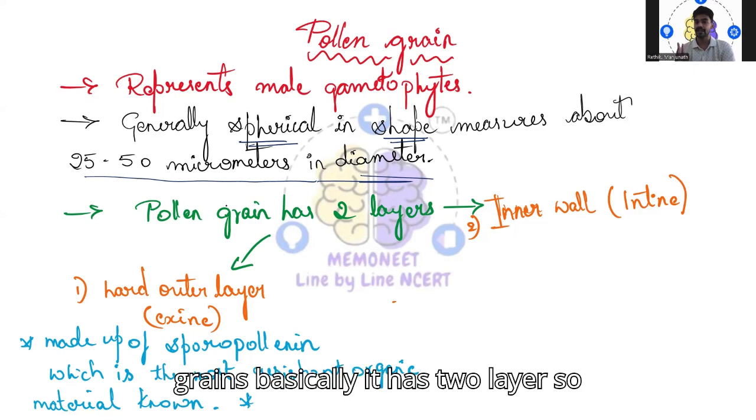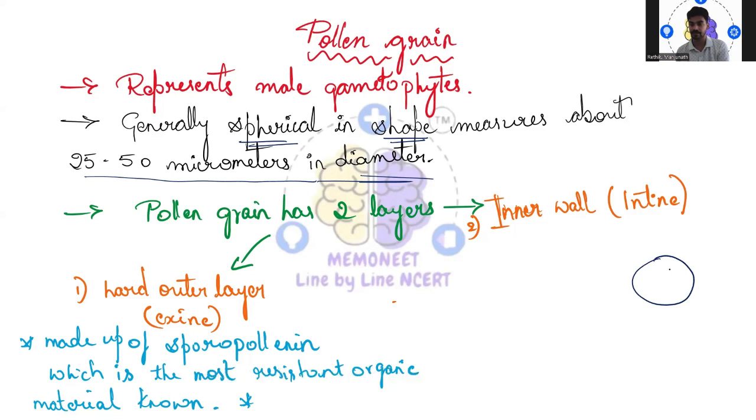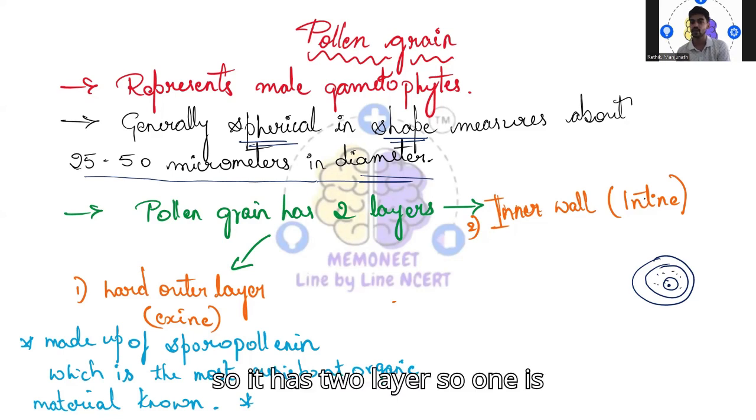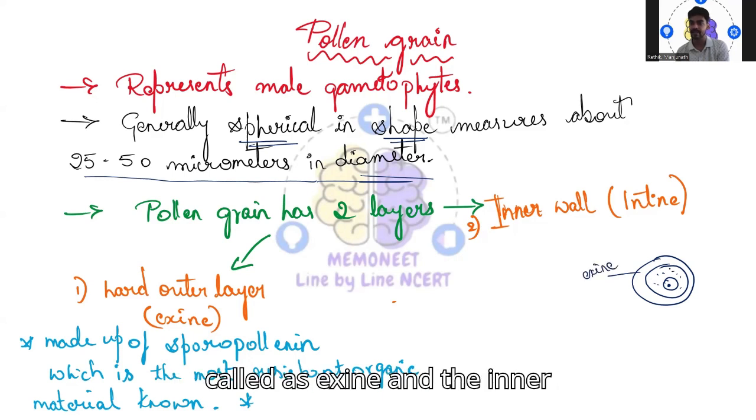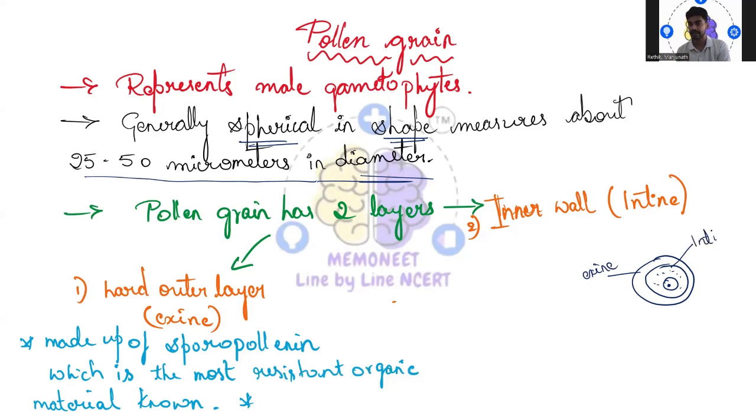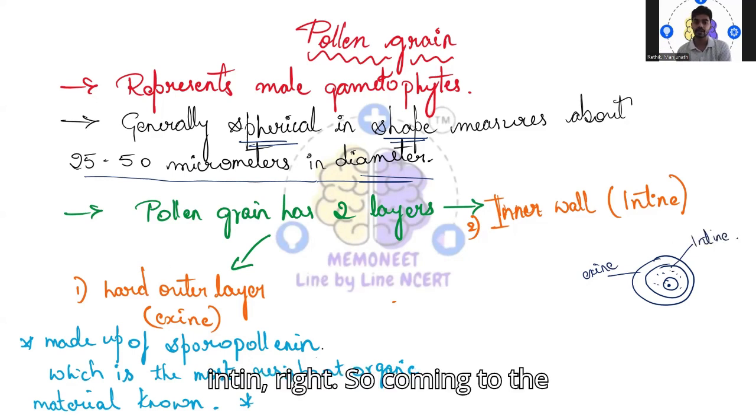The pollen grain basically has two layers. If this is the pollen grain here, it has two layers. The hard outer layer is called exin, and the inner layer is called intin.